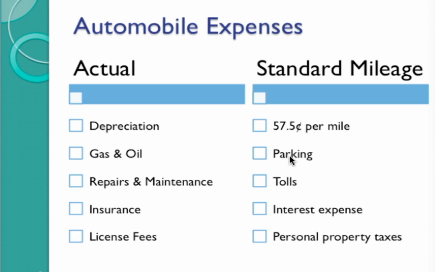Of course, those would also apply if you were taking actual expenses, but the standard rate is supposed to encompass everything that you see listed under this actual side, or an IRS estimate of those expenses, so that you don't have to specifically determine the percentage of time that the vehicle is used for business-related expenses, and you can just look at the mileage and calculate it that way.